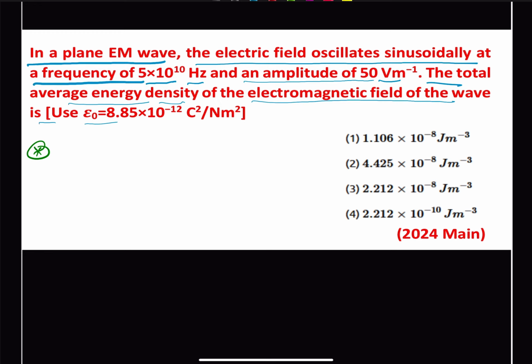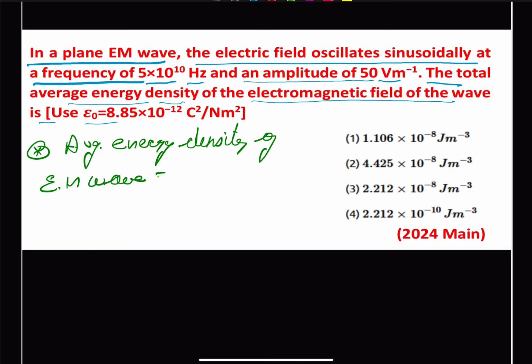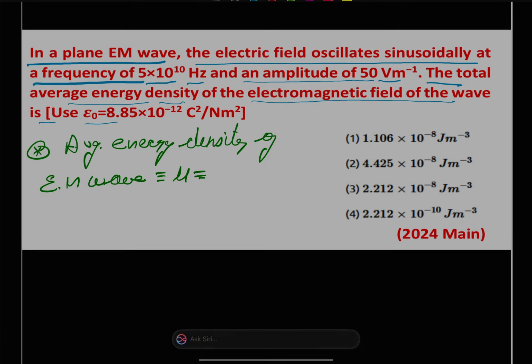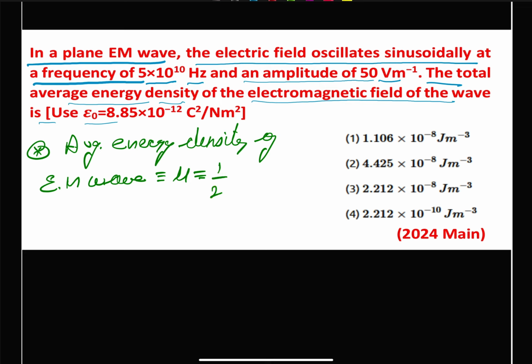So we can say our average energy density of EM wave is given as u, which will be equal to half epsilon naught E square plus half B naught square upon mu naught.